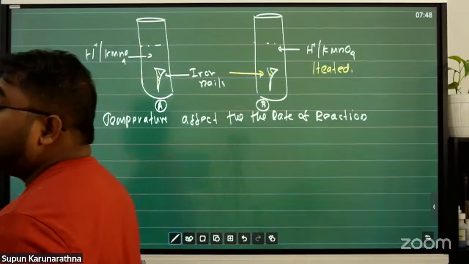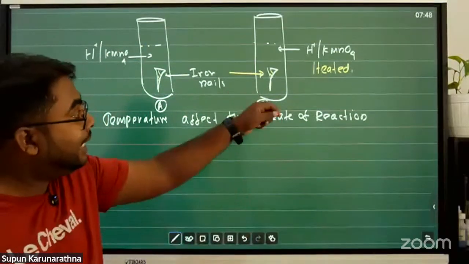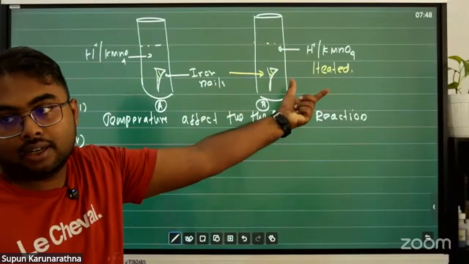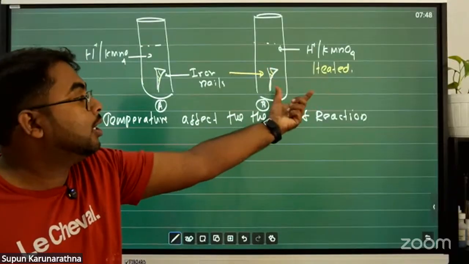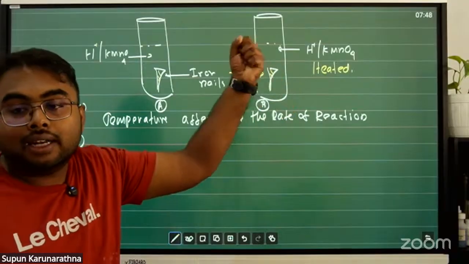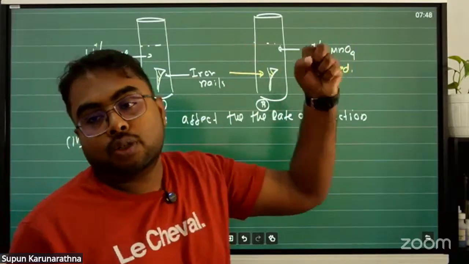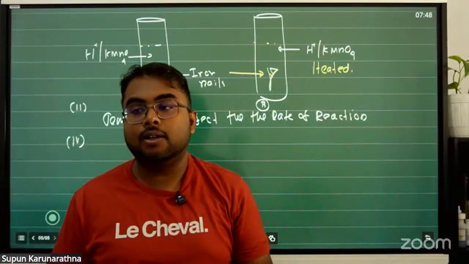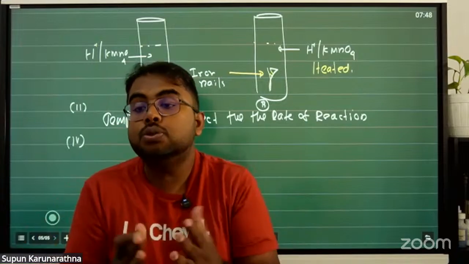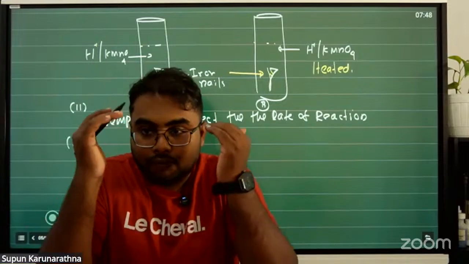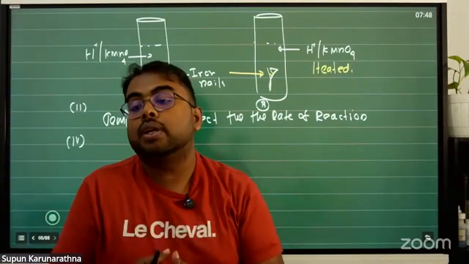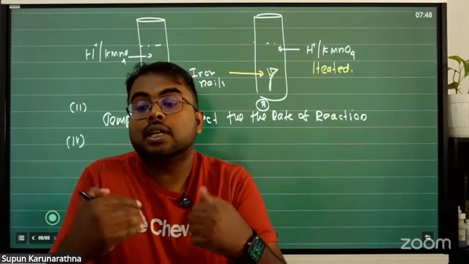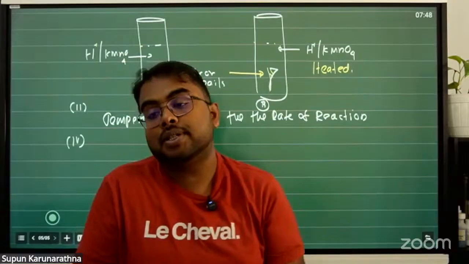Why? In the test tube having heated potassium permanganate, it takes less time to decolorize the acidified potassium permanganate. So how do we do this experiment? When we mix these two reactants, we need to start the stopwatch, because we want to measure the time.